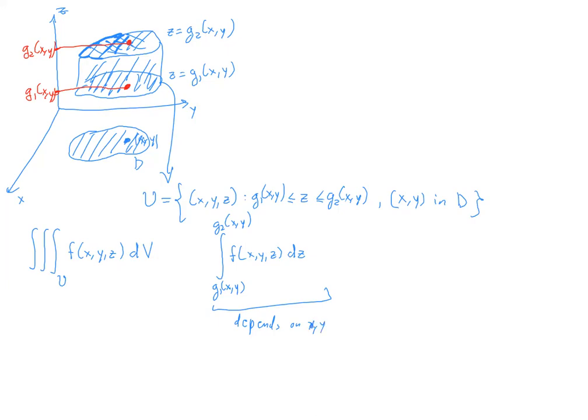Instead, since you are now reduced to a double integral, just compute it any way you like over D. Basically, if you have a triple integral and you integrate in one direction, then you can reduce it to a double integral.